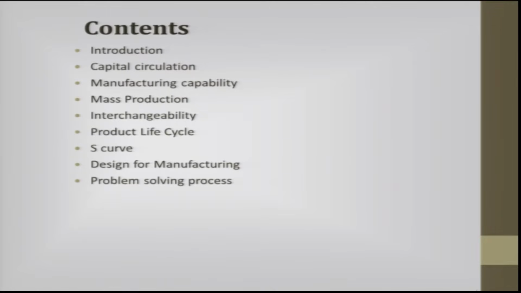Then manufacturing capability, mass production, interchangeability, which is a very important concept when you talk about product. Then product life cycle, S curve, design for manufacturing. We will just have an introduction in this chapter, but later we will have a complete session discussing it, and then last will be problem solving process.